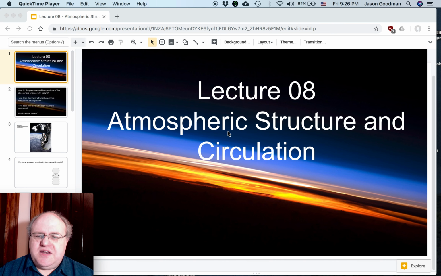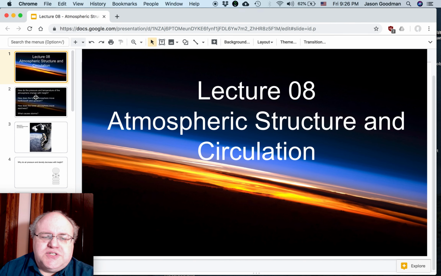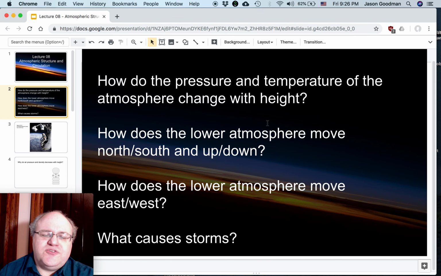And it's only by understanding how the atmosphere is built and how it moves that we can really get to understand these. So I've got a bunch of questions in mind that I want to address in this particular lecture. Among these are, how do the pressure and temperature of the atmosphere change with height? So kind of what's the vertical structure?